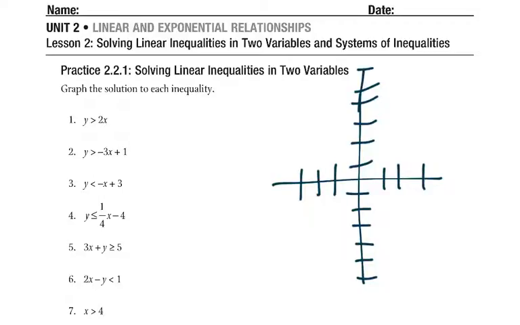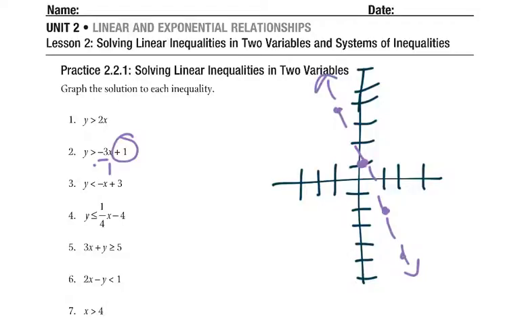Okay, so y-intercept of plus 1, slope of negative 3 over 1, so I go down 3 to the right one, down 3 to the right one, or up 3 to the left one. Now there's no equal to, so once again, dashed line.